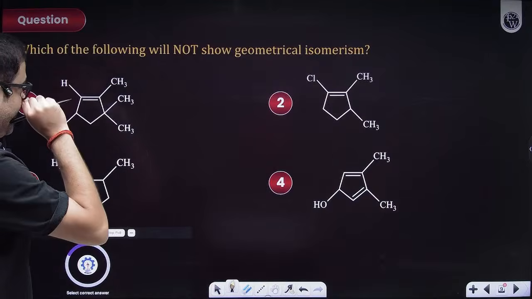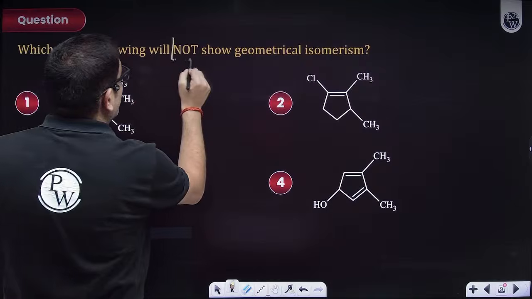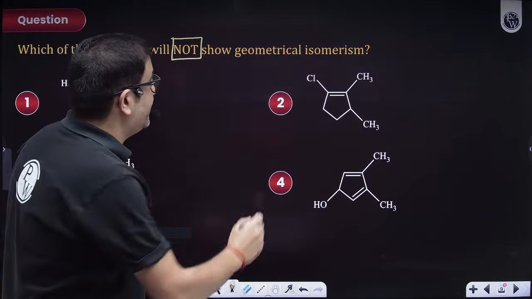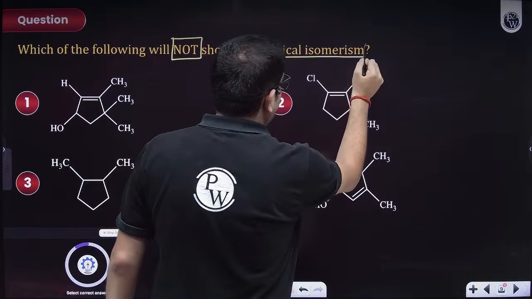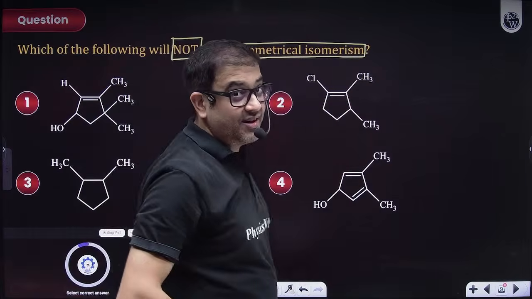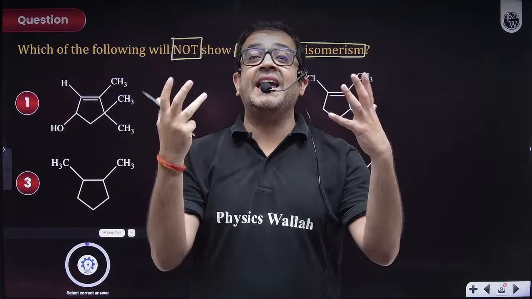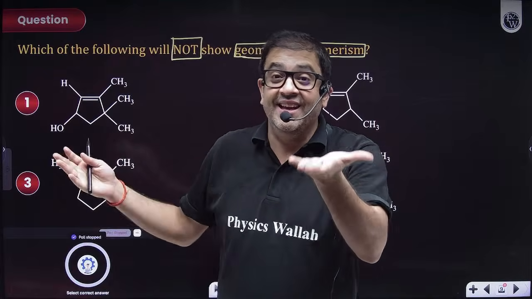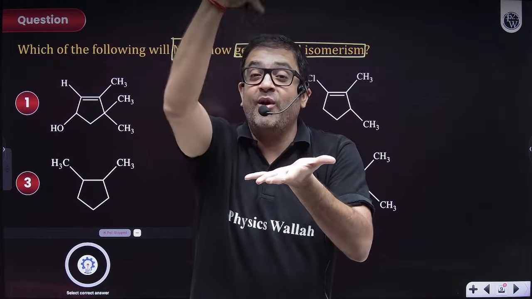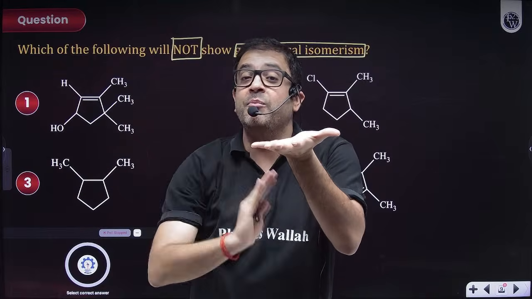Now, the question is saying which will not show geometrical isomerism. Geometrical isomerism arises due to restricted rotation, and restricted rotation exists in double bonded systems and cyclic chains, because cyclic chains will also have one bond up above the ring, one bond below the ring.